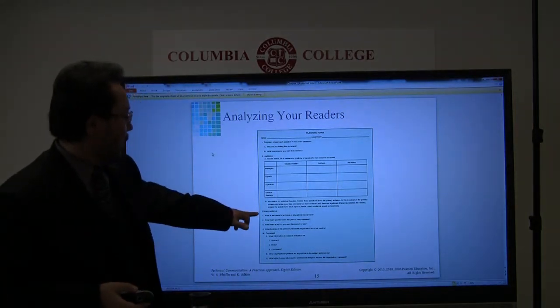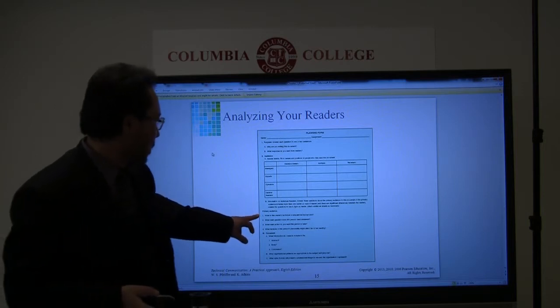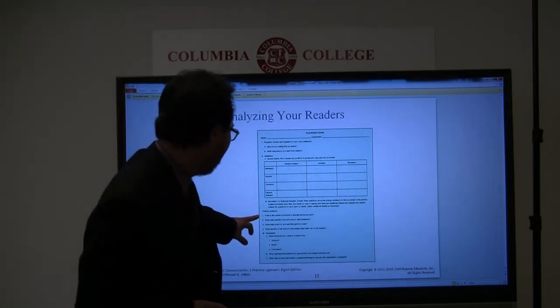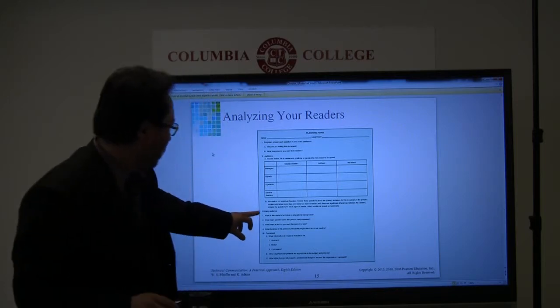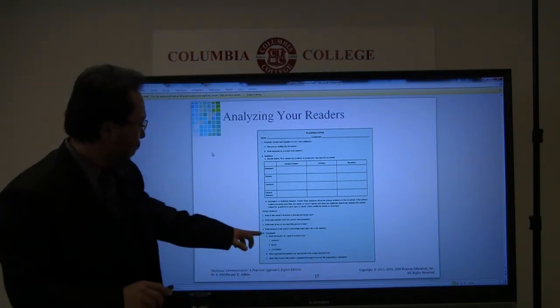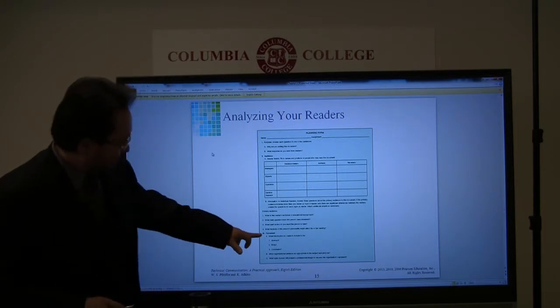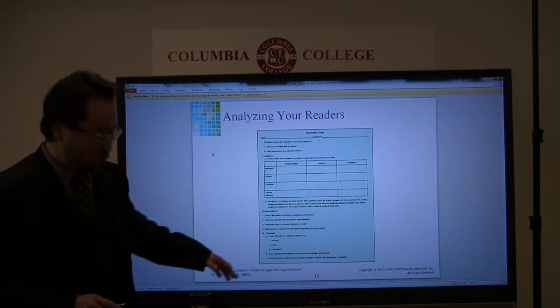Then you answer the primary audiences. Once you define the primary audiences, it will go down to the document parts like abstract, body, and conclusion.